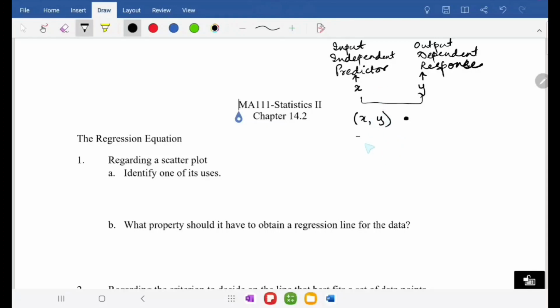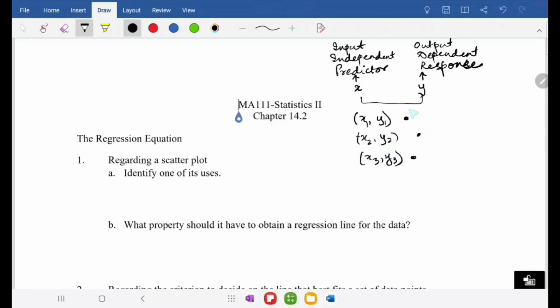We will be given a bunch of these: x sub 1, y sub 1, x sub 2, y sub 2, x sub 3, y sub 3. There will be a bunch of these data points, which will represent different points on the coordinate system, on a graph.